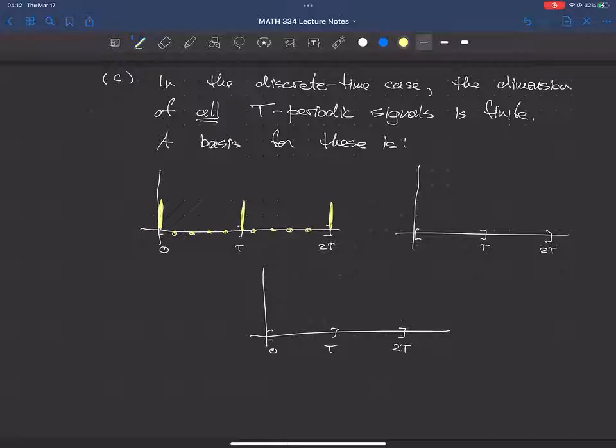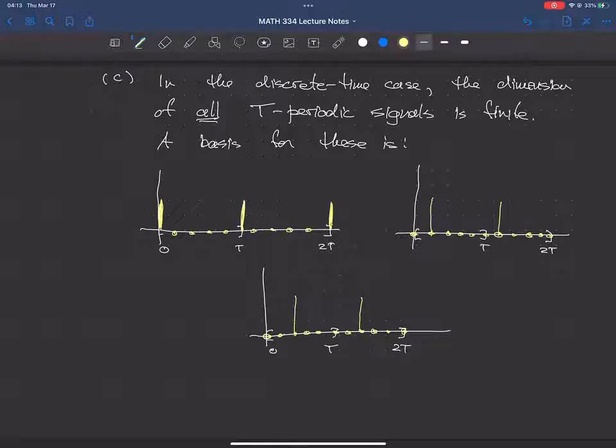Then the next one will be 1 at the point delta. So if this is 0, that's delta, and then T plus delta, and then you can see how this goes. The next one will be 1 at 2 delta and T plus 2 delta, and so on.